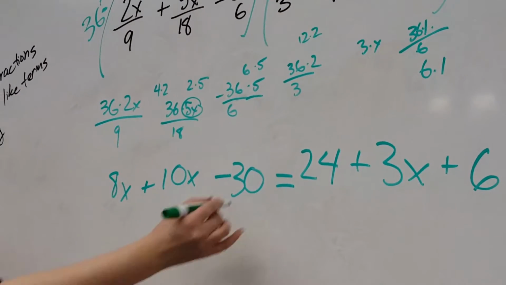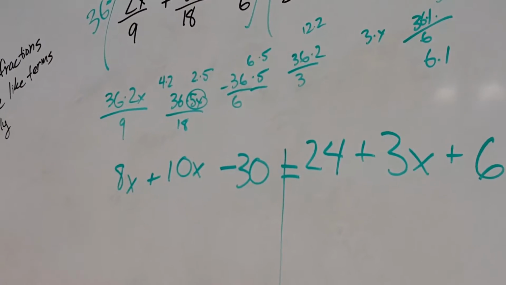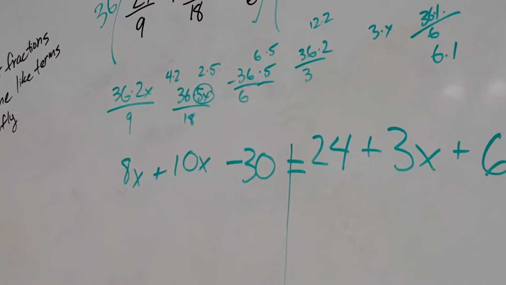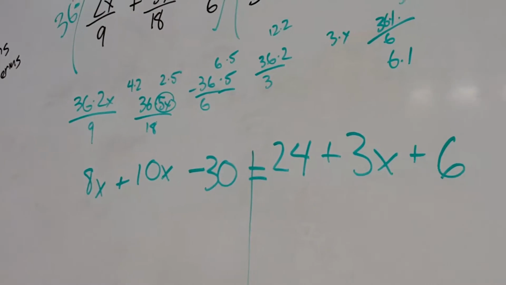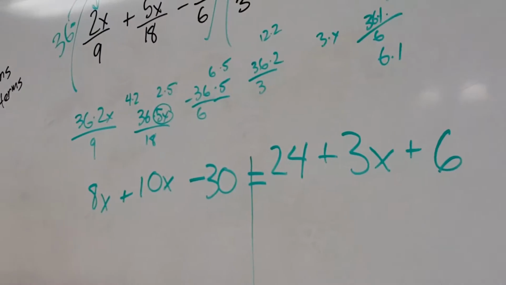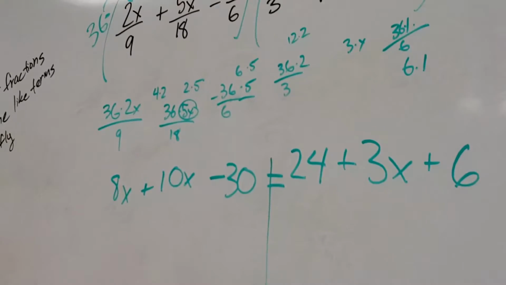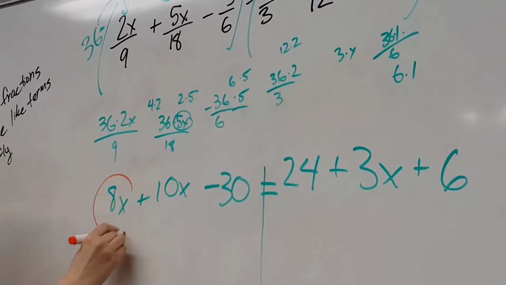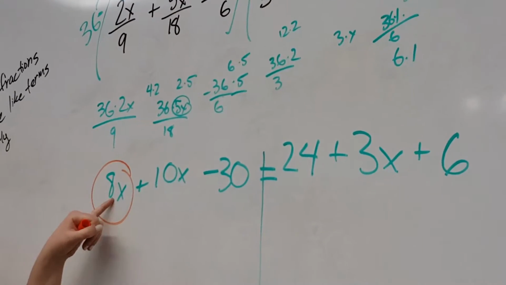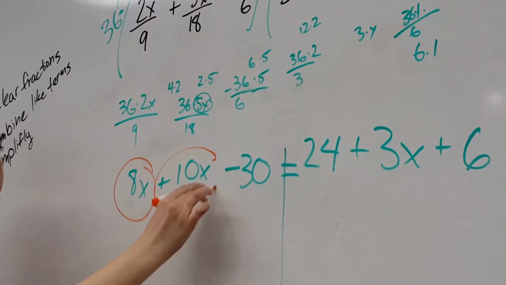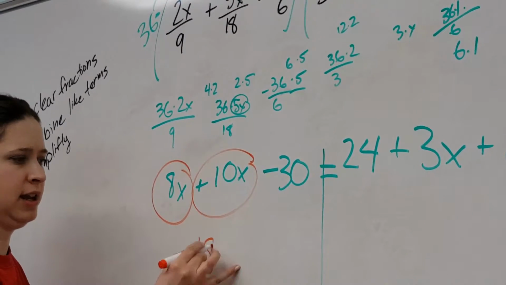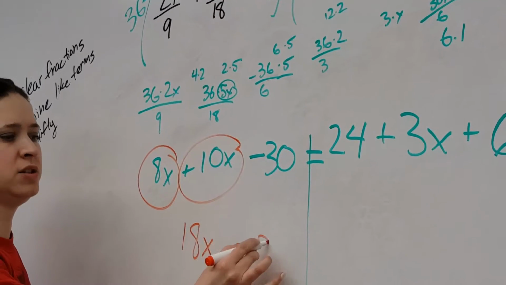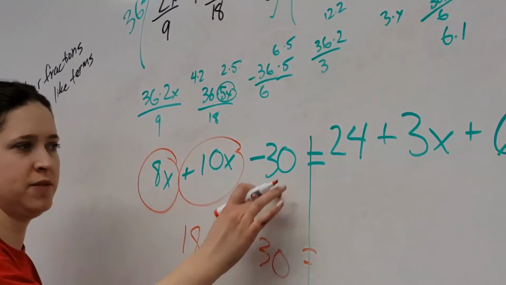There we go. Now I'm ready to do just what I've been doing this entire time, which is seeing if I can combine any like terms. All right? So I've got this 8x here, and I see another like term, the 10x. So that would be 18x minus 30, because we have to bring this down.